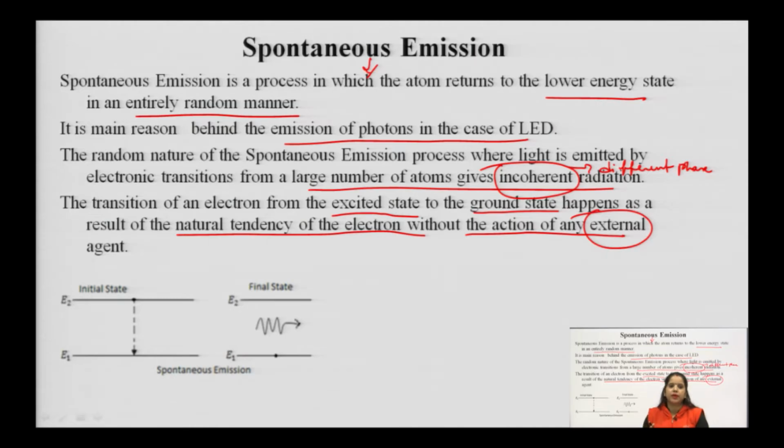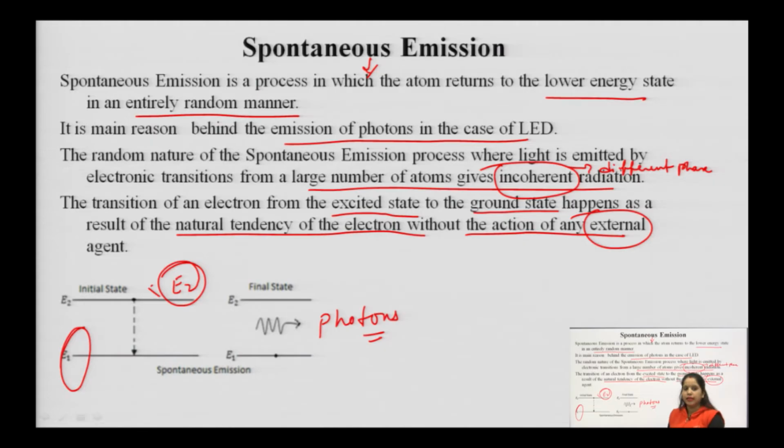No external agencies are involved in the transition of atoms from the higher energy level, E2, to the lower energy level, E1. And when electrons move from the higher energy level to the lower energy level, photons are generated, which are responsible for the emission of light in the case of an LED.